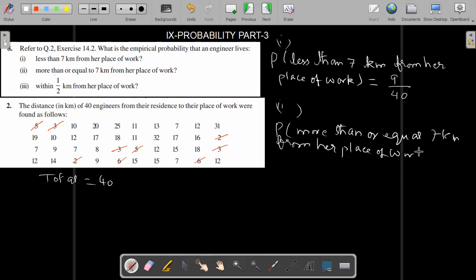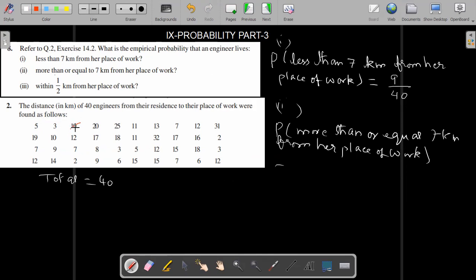I mean to say 7 is included here. So we will take 7 and more than 7.